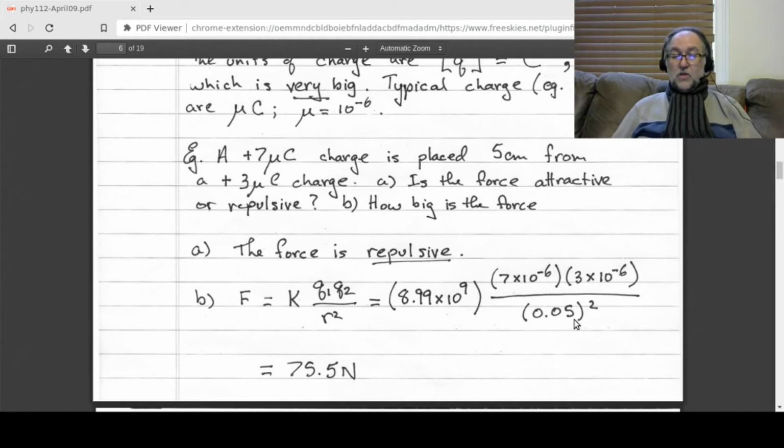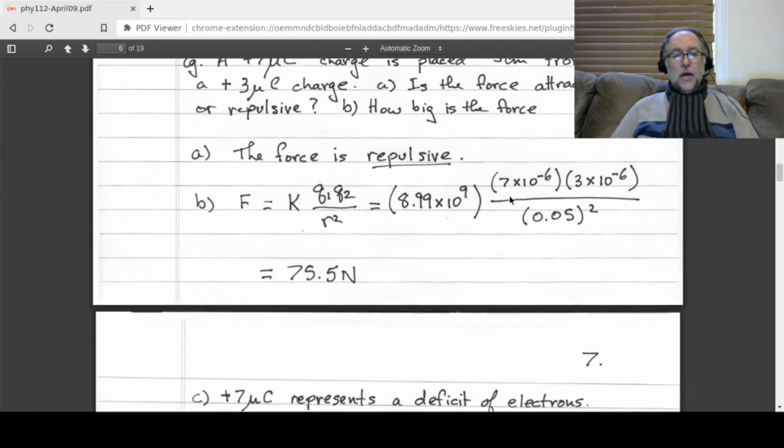Convert that to meters: 0.05 meters. Crunch that through your calculator, and you get 75 newtons. That's quite a bit of force between microcoulomb charges that are 5 centimeters apart. So even a microcoulomb is big enough to give a substantial force.